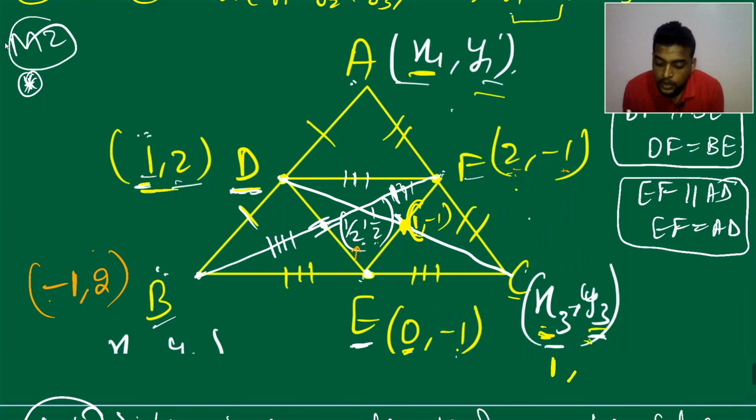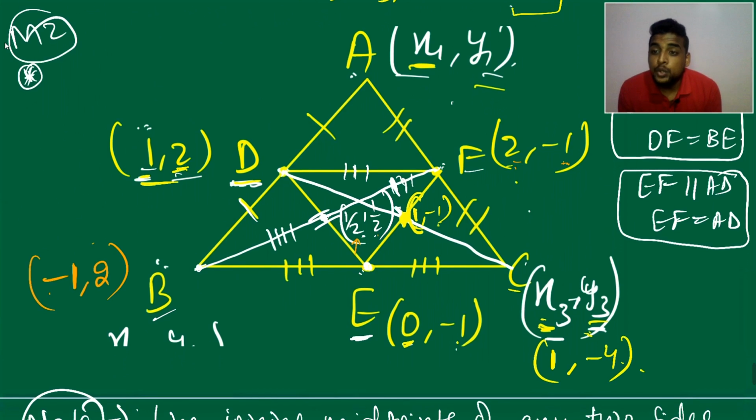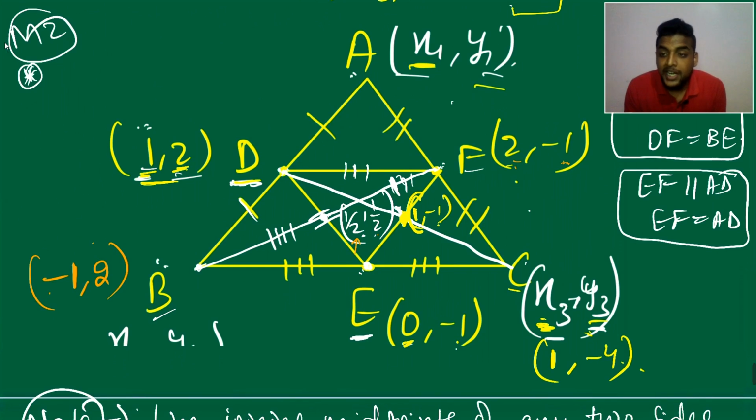Now in 2, what do we have to add and divide by 2 so that we can get minus 1? If we add minus 4, 2 minus 4, minus 2 upon 2, minus 1. If you are not getting this logically, then apply the formula. How? (x3 plus 1) upon 2 equal to 1, (y3 plus 2) upon 2 equal to minus 1, so that we can get x3, y3.